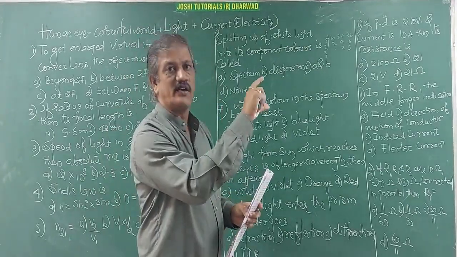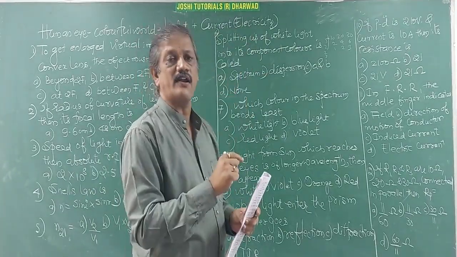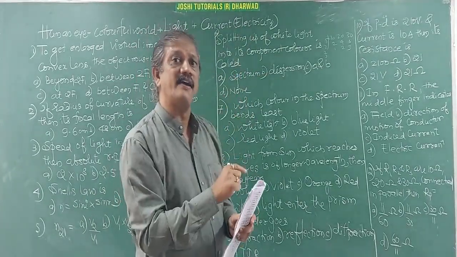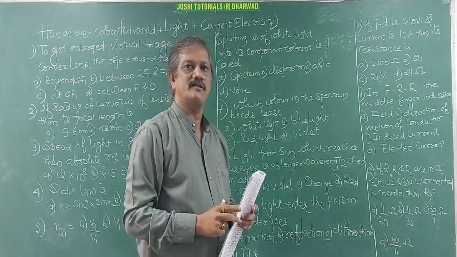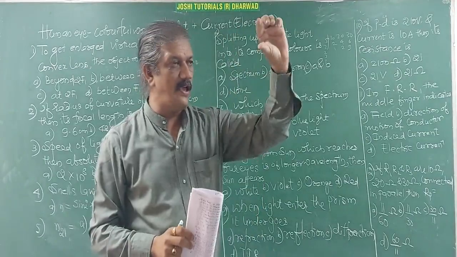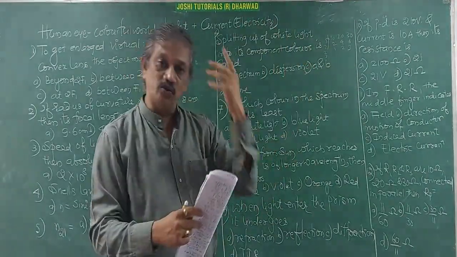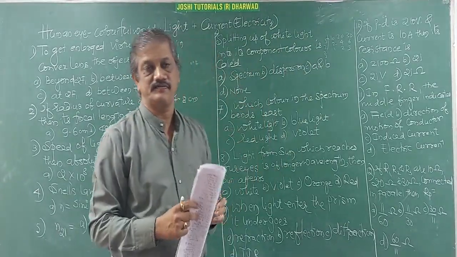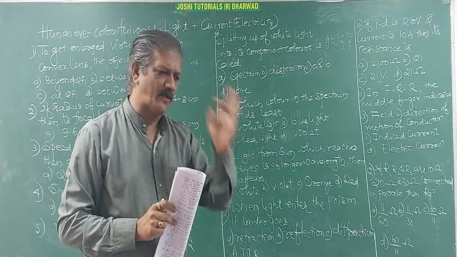Which of the following is Ohm's law? V equals IR, or V equals R by I. He can twist the options. You know the specific one: V is equal to IR. Remember where the terms shift. Perfect means perfect.